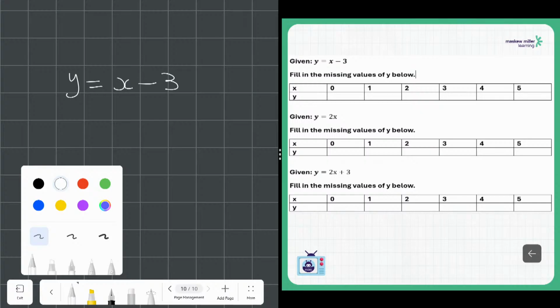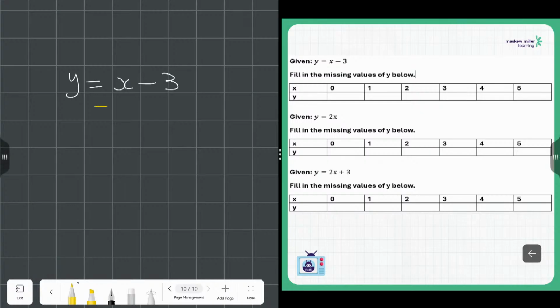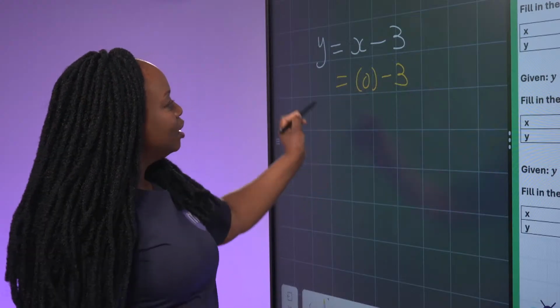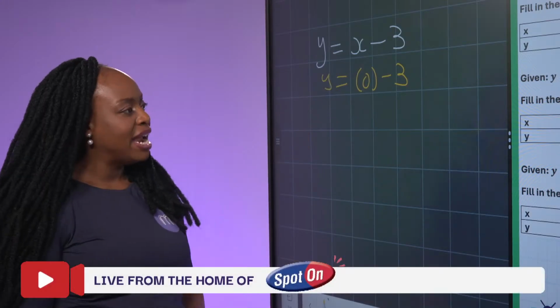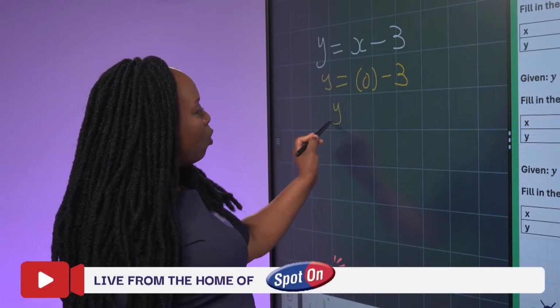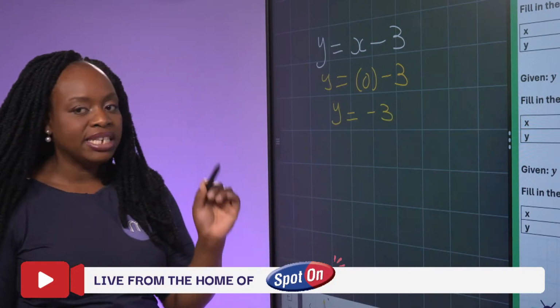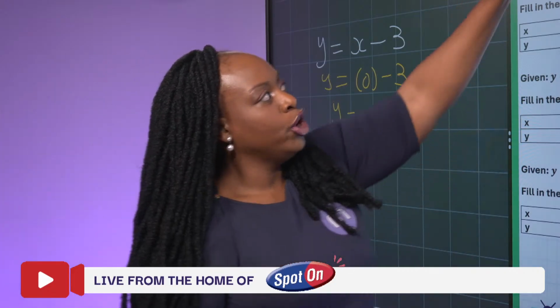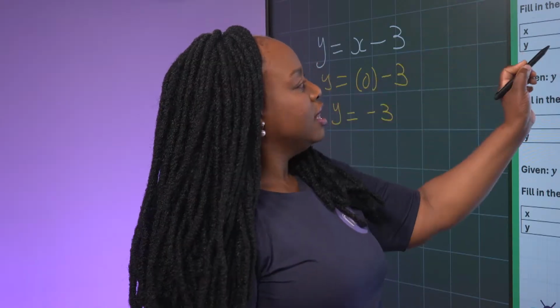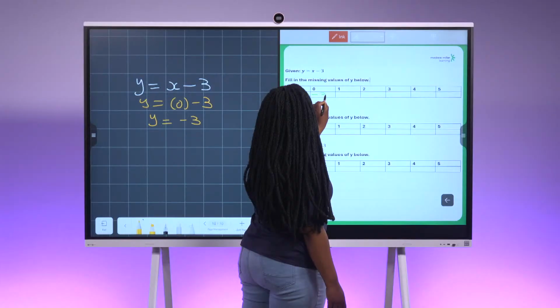I'm going to substitute x to be 0, so y equals 0 minus 3, which makes y equal to negative 3. So on my table, I fill the first part as negative 3.